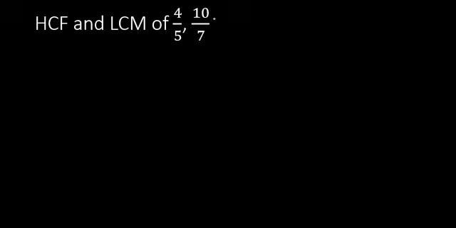Okay. Now the very crucial part here is when you want to find the HCF or LCM for fractions. When the question is asked for HCF of fractions with numerator 1, denominator 1 and numerator 2, denominator 2, you have to do it like this.